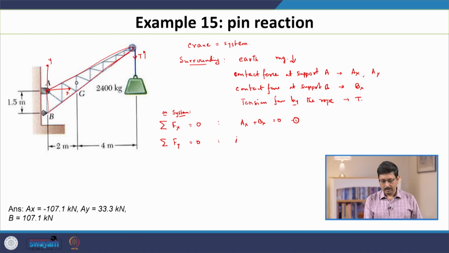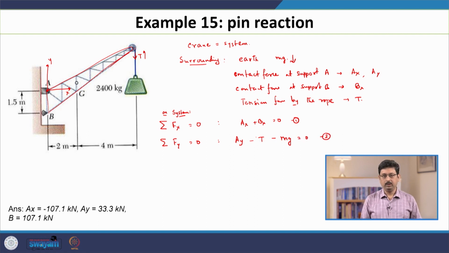We have Ay on the crane, coming from the support A. There is no vertical force at support B. Then we have the tension force T, which I am going to assume is downwards, and of course the force by the earth on the crane, which is its weight mg, equal to 0. So, this is equation 2.